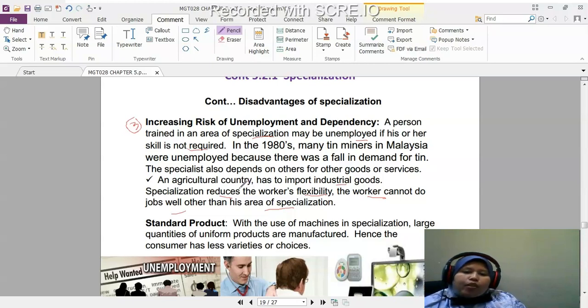Okay? Ataupun contoh, nowadays, if you look at the current issue, kita tak ada agriculture gandum. Okay, kita tak ada. So, kita import dari luar. Contohlah kalau kita import tepung daripada India. Okay. India pula dah tarik balik.